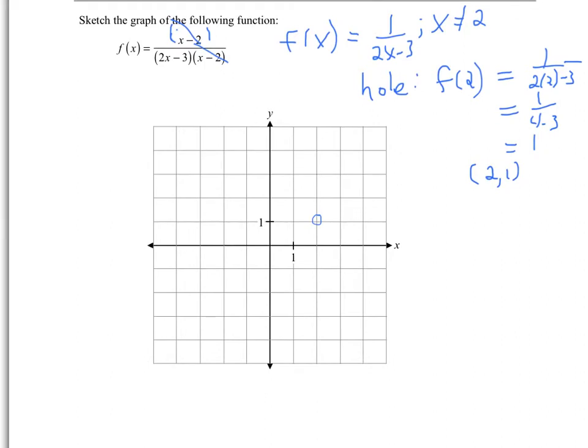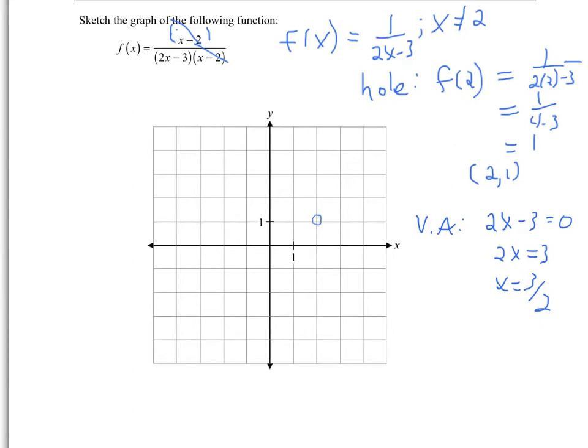The other thing we want to figure out is our asymptotes. We could look at either form, but the non-common factor will represent a vertical asymptote. So for our vertical asymptote, we want to solve the non-common factor. We get 2x minus 3 equals 0, 2x equals 3, x equals 3 over 2.